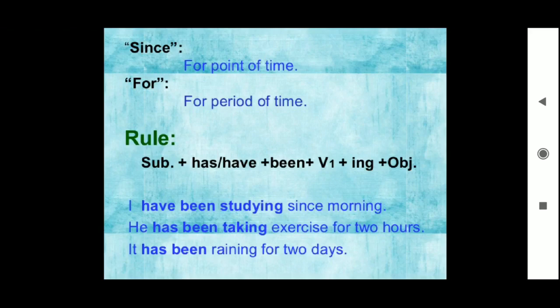And period may be of 5 minutes, of 30 minutes, of an hour, of 60 hours. It means of 60 days, of 7 weeks, they are of period of time.